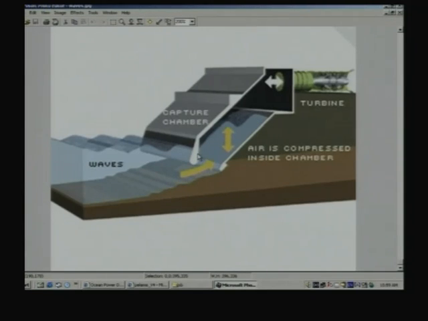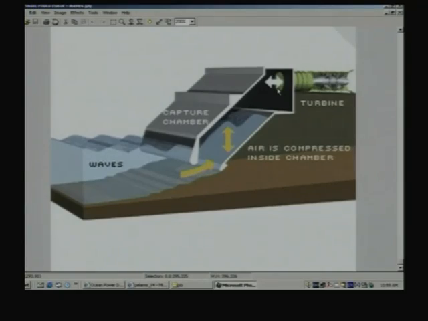So, the air column will move to and fro, and while it does so, it will generate power at the turbine. There are turbines available which move in the same direction irrespective of the direction of the flow of the air. So, this is another concept by which we generate wave power. This is the oscillating water column concept.